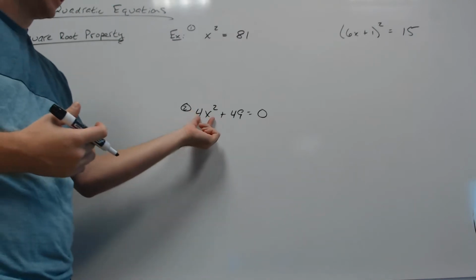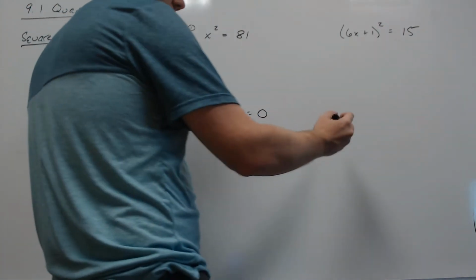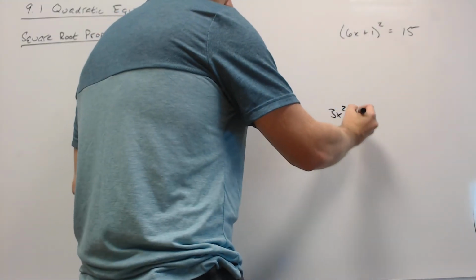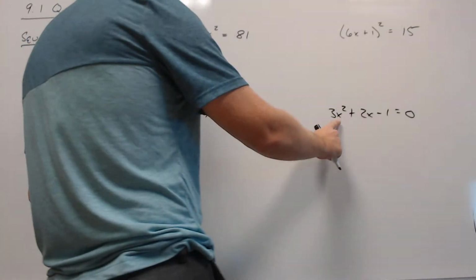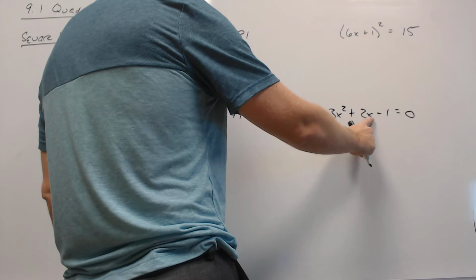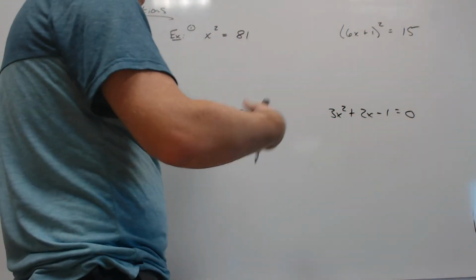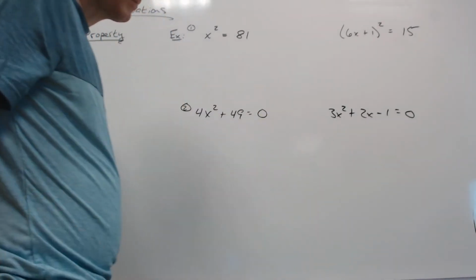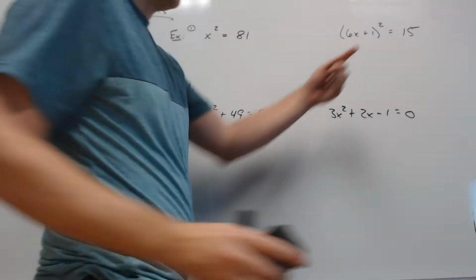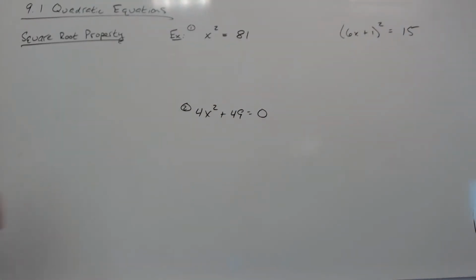I can solve for x in all of these cases, but if I had an equation like 3x squared plus 2x minus 1 equals 0, this becomes harder to solve for x because I have two different x terms in my equation. So we have to do something like factoring, or maybe another tactic that we'll learn later in Mod 9. But because these only have one x term in the equation, we're going to be able to solve for x pretty easily.